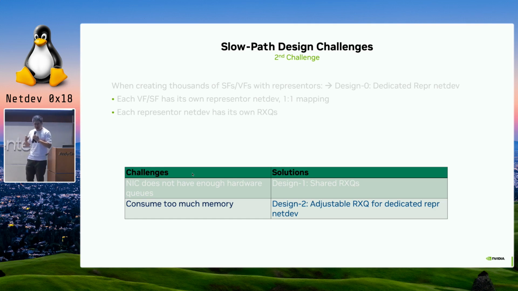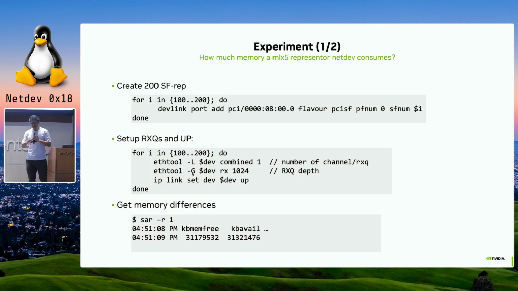So then we talk about the second challenge, which is the memory problem. The first question I want to know is, when I create a representor netdev of mlx5, how much memory does one device consume? And there's no good tool for doing that today.